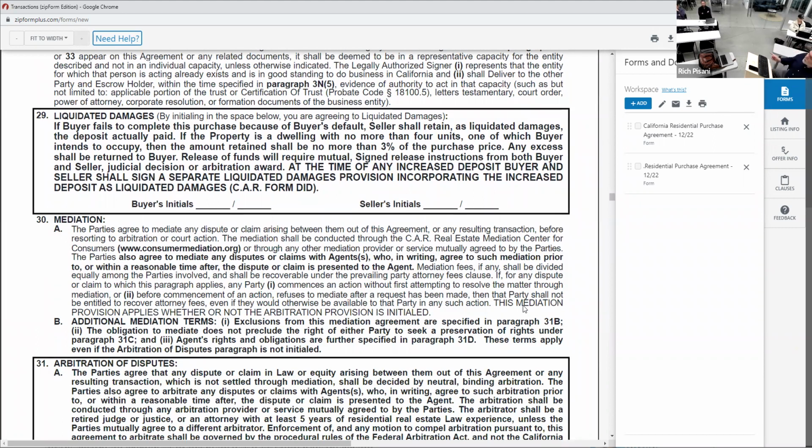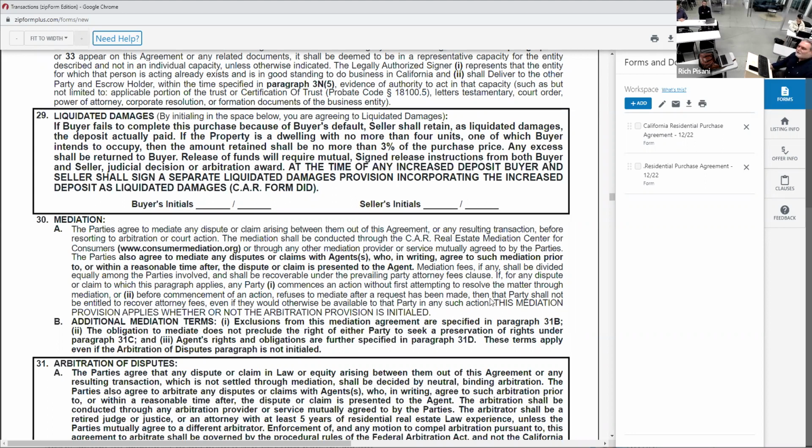This is why, if it's owner occupied, the primary residence, the seller wants 3% down for liquidated damages, meaning that it's limiting the damages to the 3%. Now, if it's not owner occupied and somebody puts more than 3% down, then that whole amount is in jeopardy as a default.